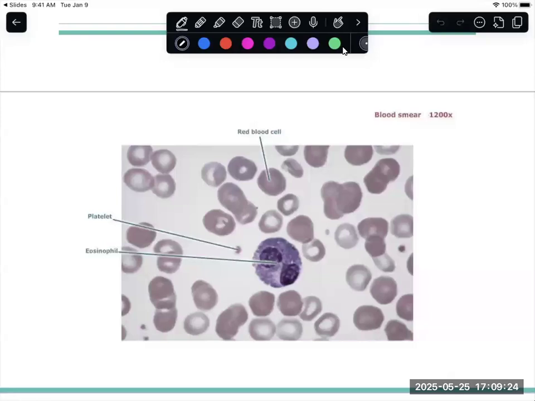And according to your lab sheet, I'm going to rewrite some of these to what you need to know them as. Red blood cells are also known as erythrocytes. So we need to be able to know that these red blood cells here are specifically erythrocytes.